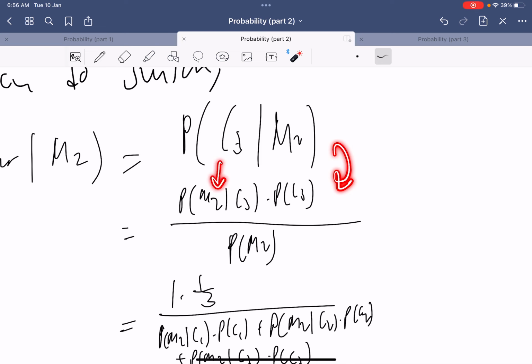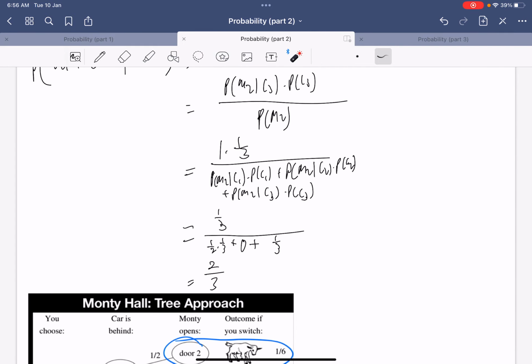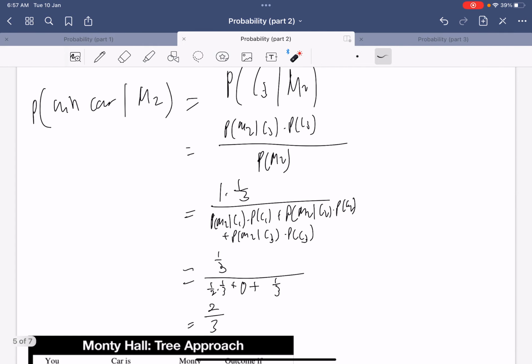So it's the probability that Monty opens door 2, given that the car is in door 3, times the probability of the car being in door 3, over the probability of Monty opening door 2. And really, what's the probability of Monty opening door 2 when you know that the car is in door 3? Well, it's obviously 1 because Monty can't show the door having the car. And the probability of having a car in door 3 is 1/3.